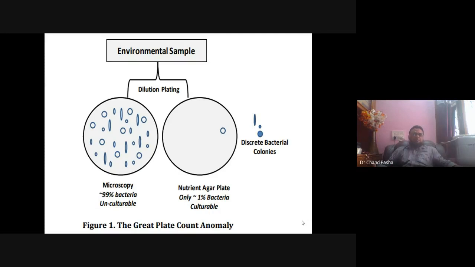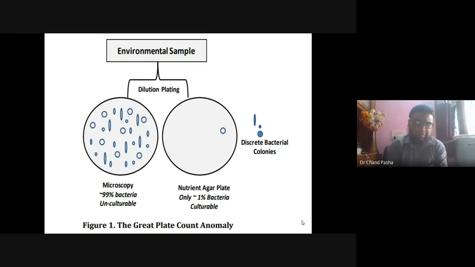That is impossible to grow in laboratory conditions, because your agar will not remain, nor will your plate, at such a high temperature. So there are certain bacteria which are unculturable.